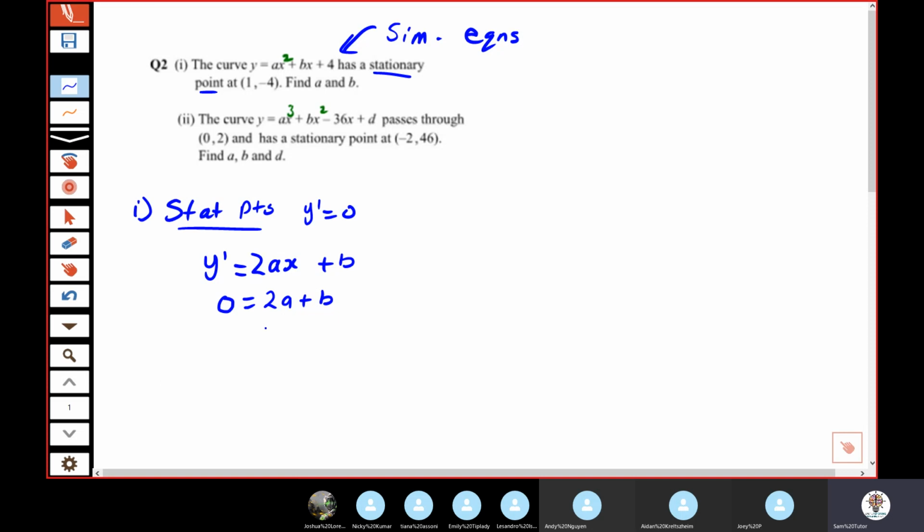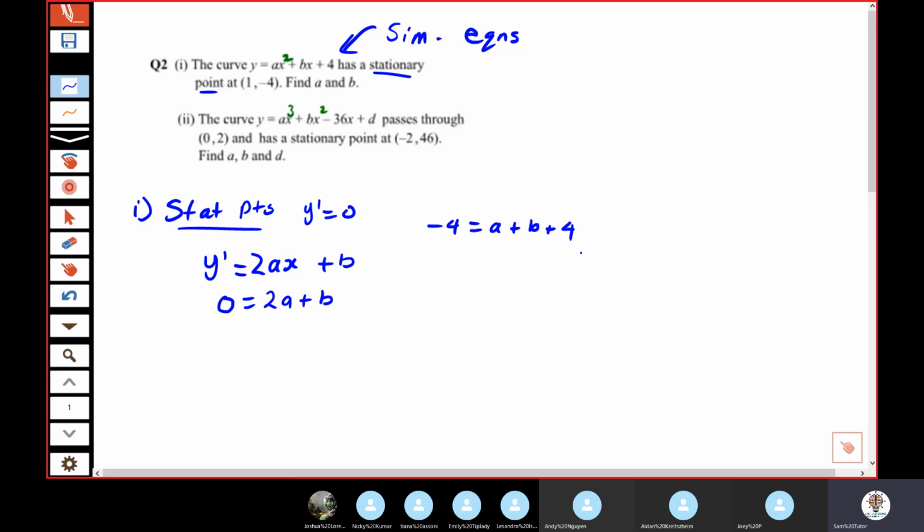What do we do with points that lie on curves? If I said, show that a point lies on the curve, what would you do? Sub it in. So if it's a point that lies on the curve, just sub it in. So your second equation looks like this: negative 4 equals a plus b plus 4.